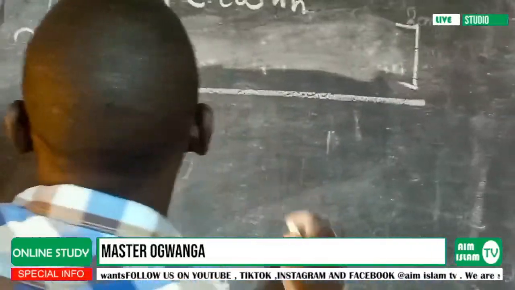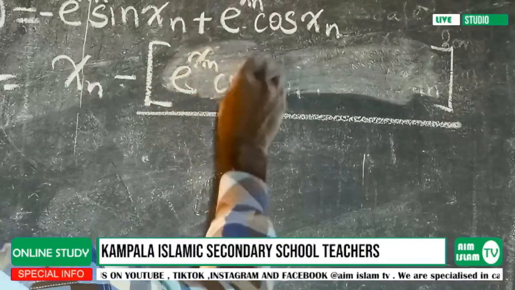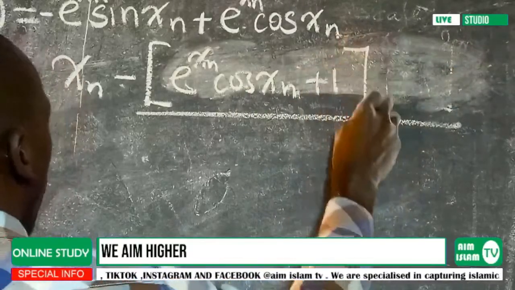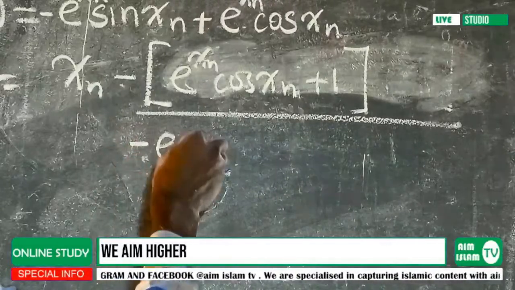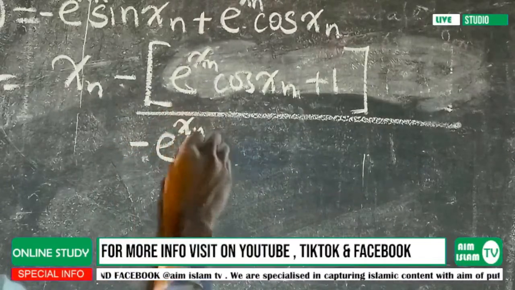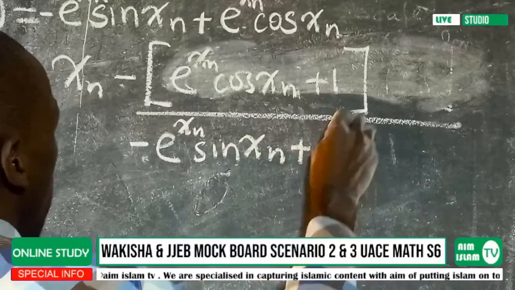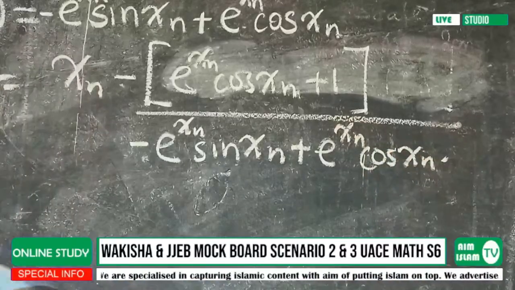You have to put the function first, that is the exponential of x n cos of x n plus sine x n plus 1. Then we put the derivative now. That is the negative exponential of x n sine plus the exponential cos of x n.